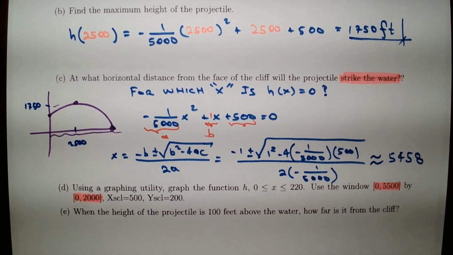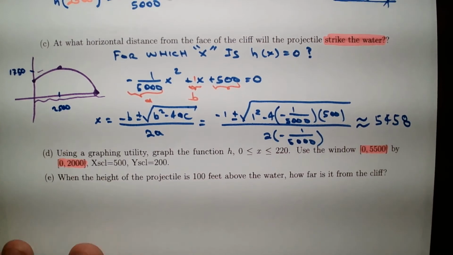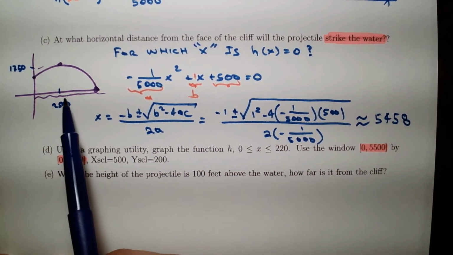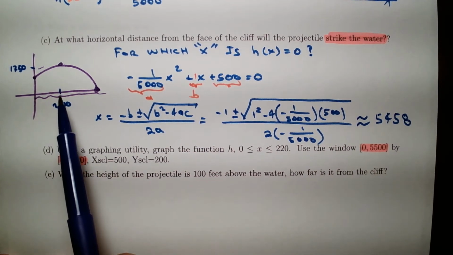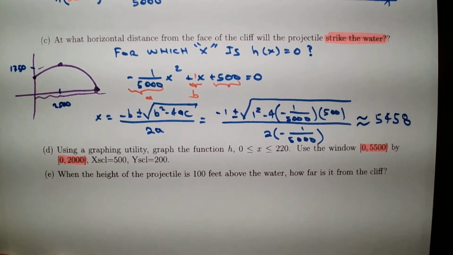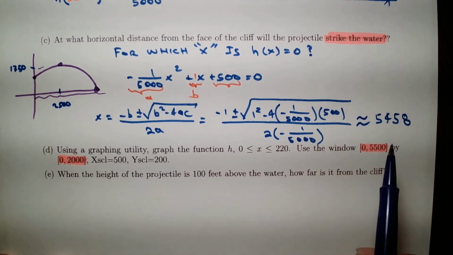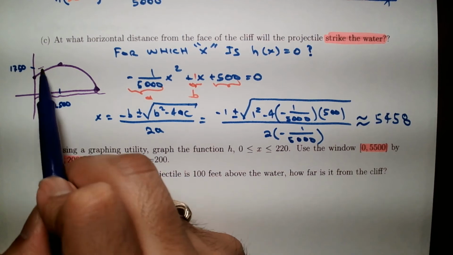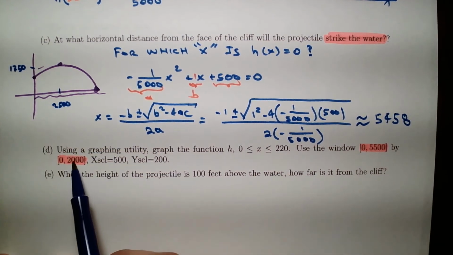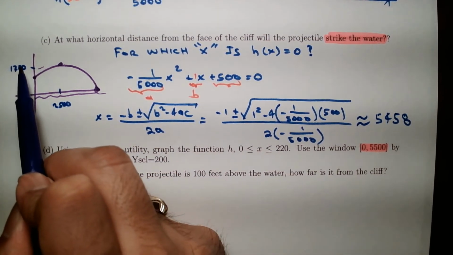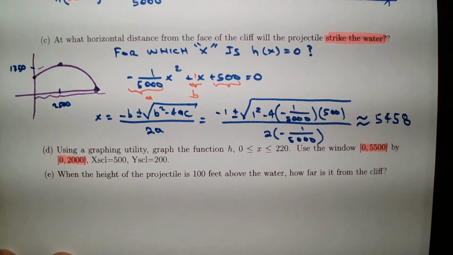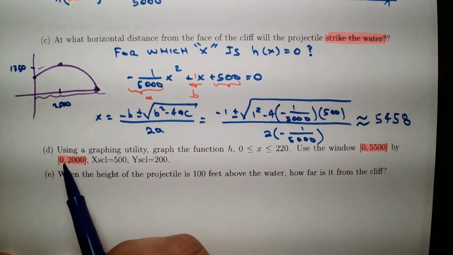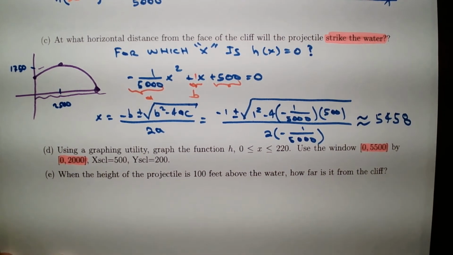So I just increased the window as far as the x value, all the way to a little bit more than twice this value, so we can look at the entire graph. And for the y value, the maximum value is just slightly above 1700, in this case 1750. So I need a slightly larger y limit so I can see the entire graph.